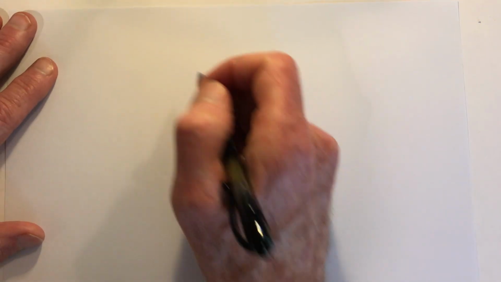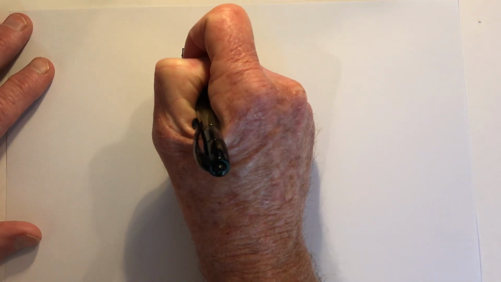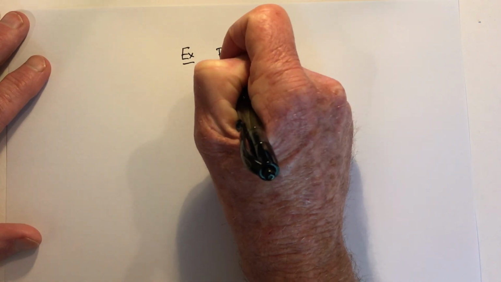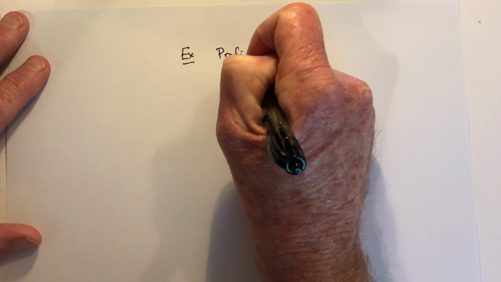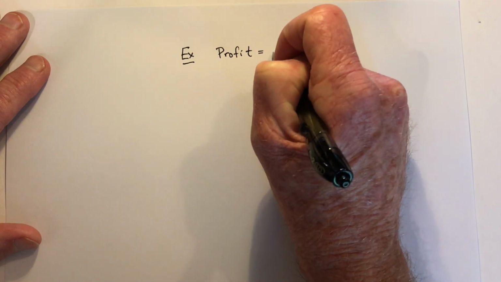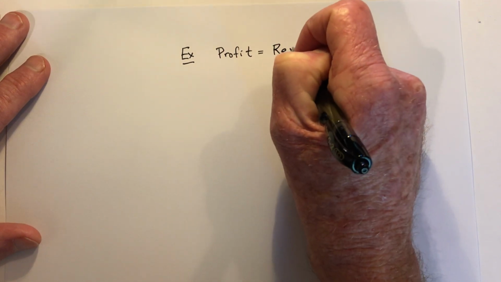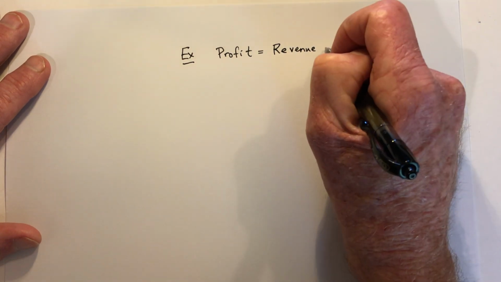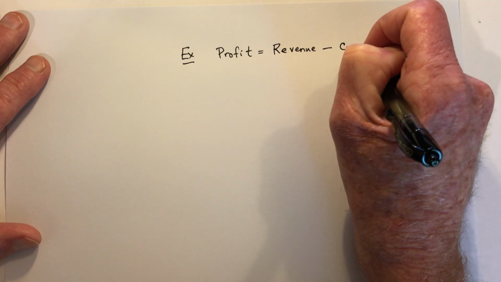All right, then another application. So first of all, hopefully you've heard this before, the amount of profit that you can make depends on the amount of money that you bring in. That's called the revenue, minus your costs.